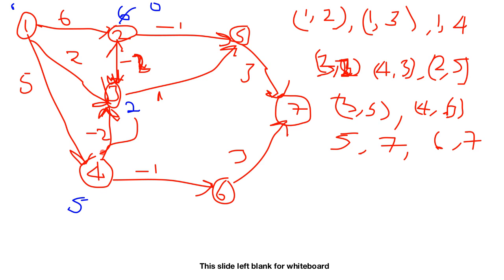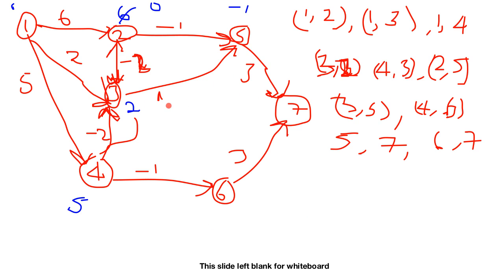Then from this point, we are now supposed to move from 4, 3. That is okay. 2, 5. 0, that, so this becomes negative 1. Then from there, we are supposed to move from 3 to 5.